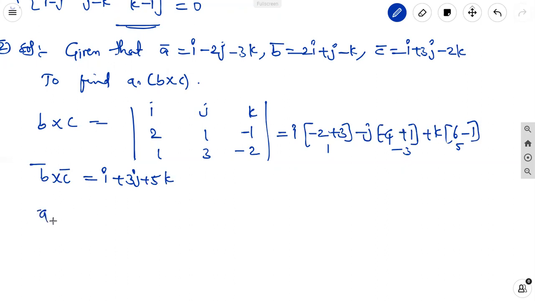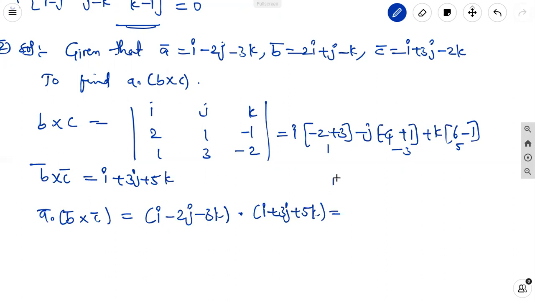To find A vector dot (B vector cross C vector): A is i minus 2j minus 3k, dot i plus 3j plus 5k. For the dot product, we know that i dot i equals j dot j equals k dot k equals 1, and i dot j equals j dot k equals k dot i equals 0.